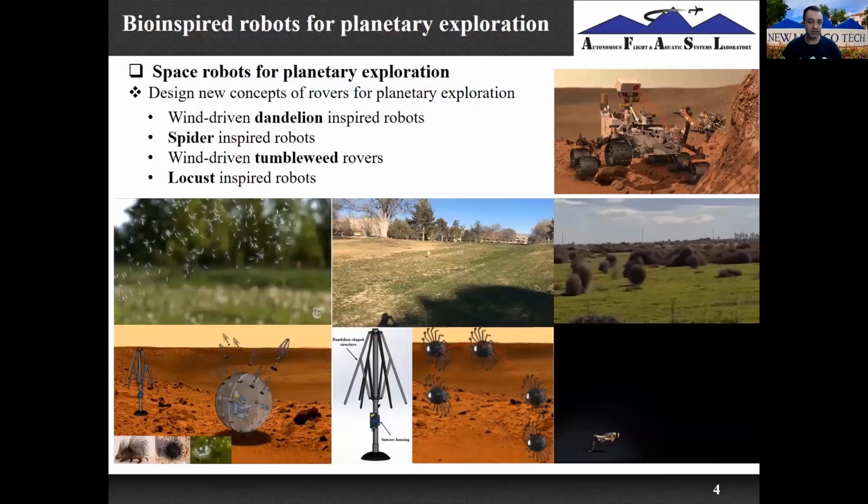There should be some concept that can fly once you have an atmosphere, but on the moon, we don't have any atmosphere. So what is the solution, and what can we do here? If you look at this planet, we cannot fly.